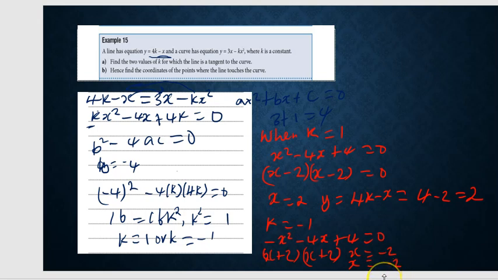So if x is equal to negative 2, y is 4k minus x, that becomes negative 4 plus 2.